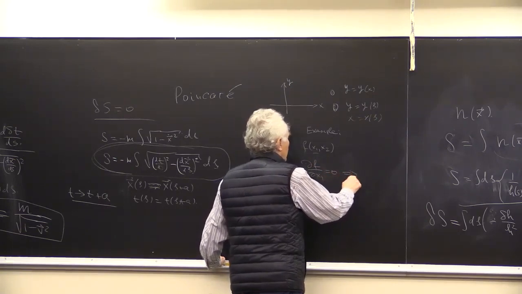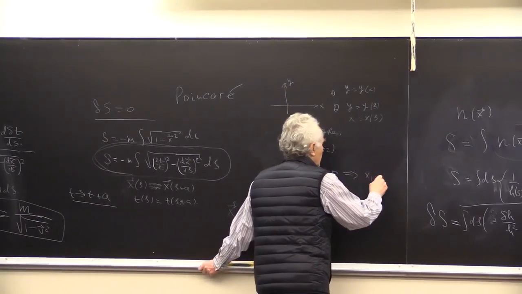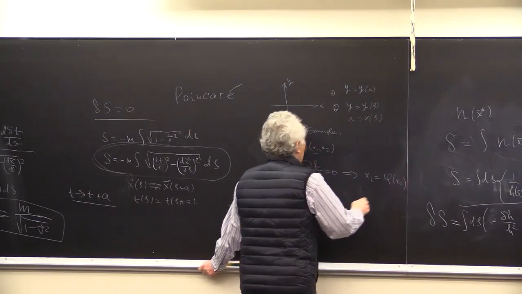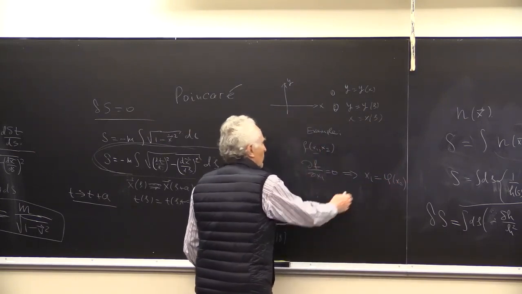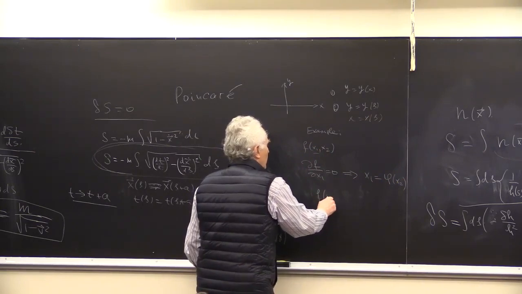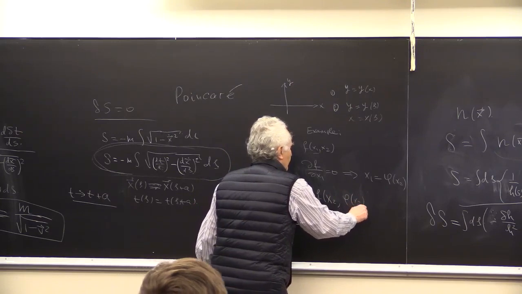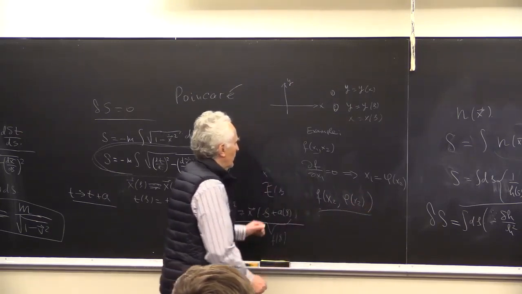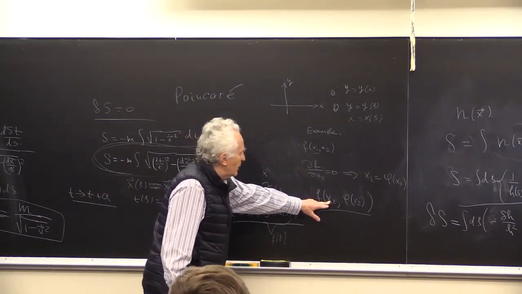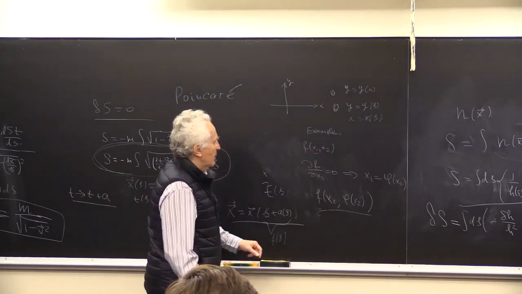That gives you the relation where x1 is some function of x2. Then you plug this relation back into this function. You get something which depends on x2 only. And now you can vary with respect to x2.